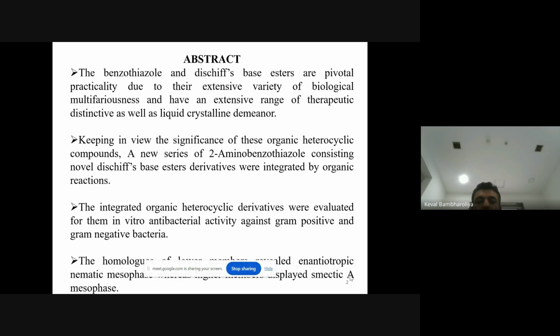The synthesized derivatives were evaluated for their in vitro antibacterial activity against gram-positive and gram-negative bacteria. The lower homologues revealed an anisotropic nematic mesophase, whereas the higher homologues display a smectic A mesophase.